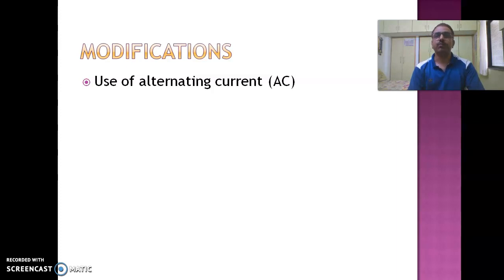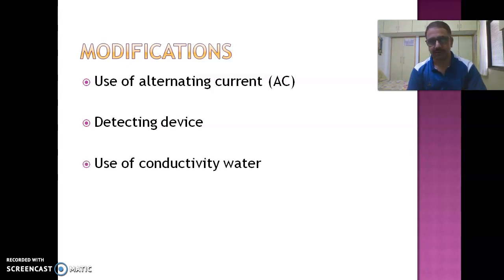So we have to modify. First, instead of a DC source, we have to use an alternating current source, that is, an AC source. The second important modification is the detecting device. We will see in detail which different detecting devices one can use in conductance measurement. Next one is use of conductivity water.